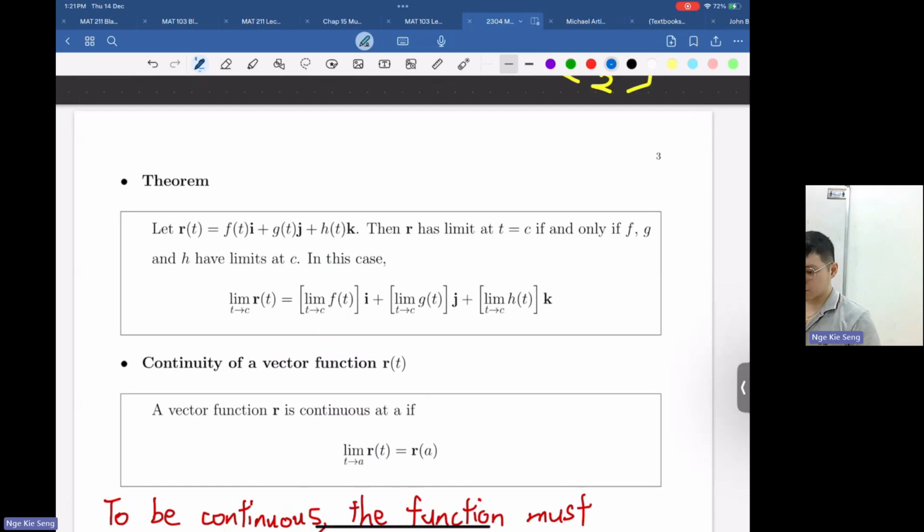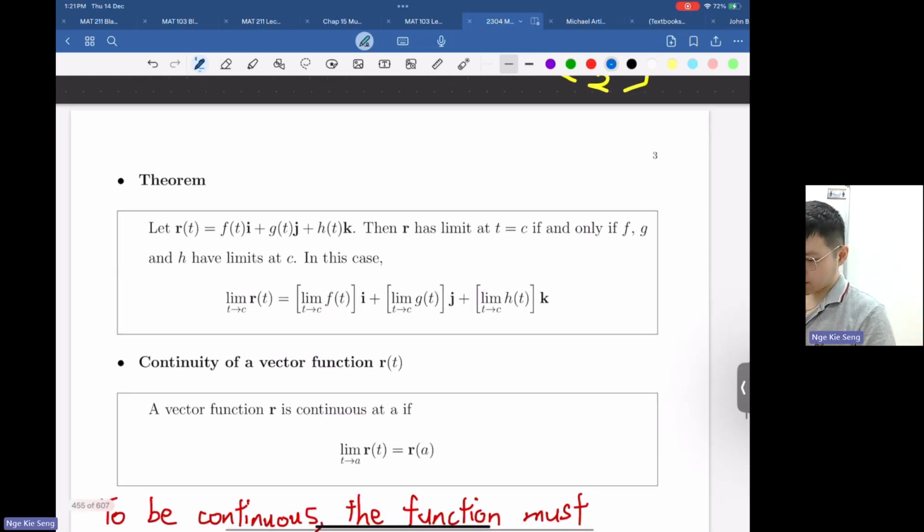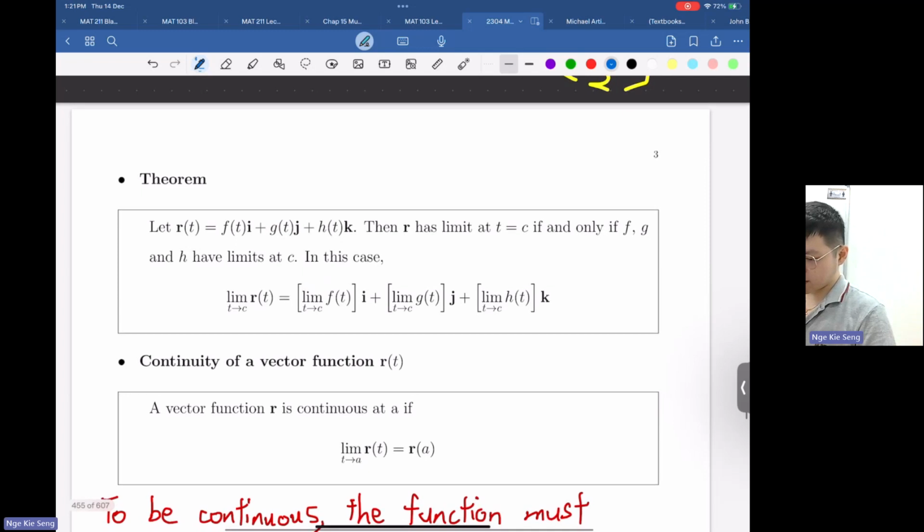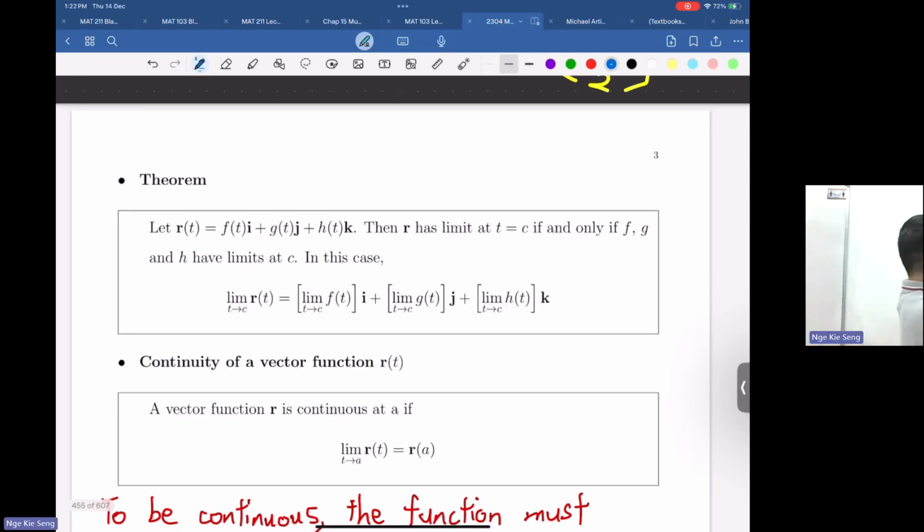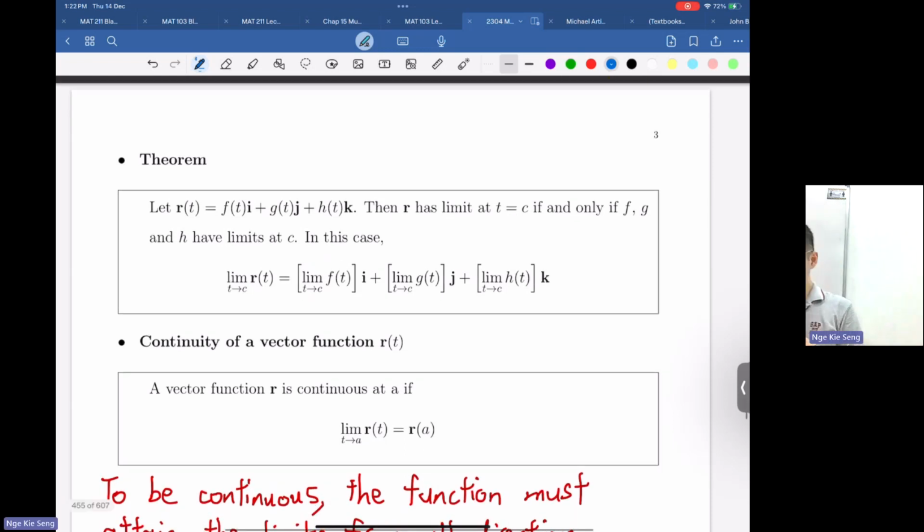So this one we go through already, right? So if we take limit, then it is equal to taking limit at every component. Okay, so it makes sense that when this RT has a limit, when all the components have finite limits, then after limit, we can discuss continuity. Continuity is the same.